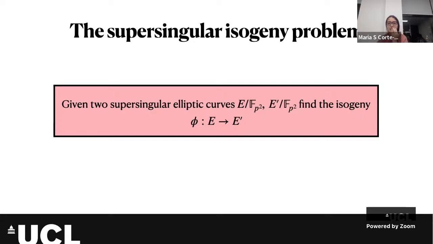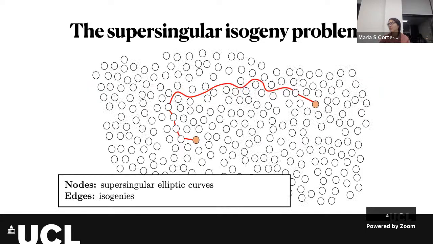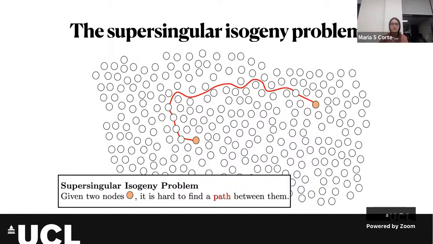And a way I like to view this problem is as a graph theory problem, because I think it's easier to visualize. You can construct a graph where your nodes are your elliptic curves, and the edges between them are your isogenies. And then the supersingular isogeny problem asks you to find a path between 2 nodes.